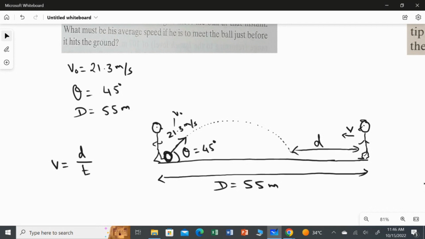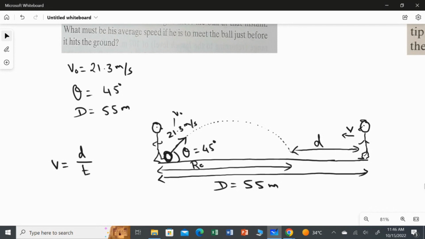So what is the time? The time taken by the ball for a complete parabolic trajectory is exactly equal to the time for the second player to take the ball. Both times are exactly the same. Then only he can take the ball from the first player. So if you want to find this distance small d, first of all we need the value of the range.